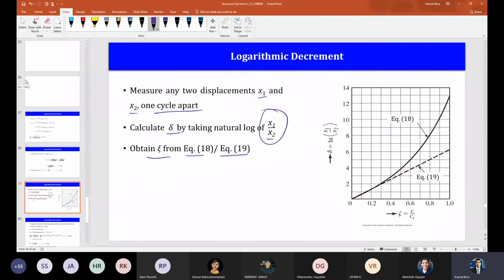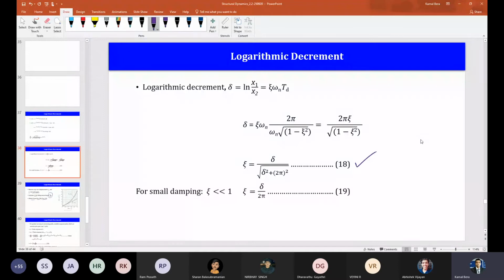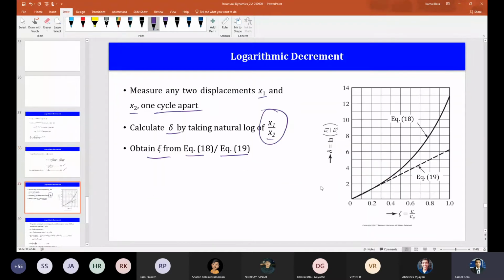So you see, now I am plotting. Equation 18 is the exact one, right? And 19 is the approximate one, correct? What is the range of the structural damping zeta? Zeta I told is less than 20%, right? In this range, is there any difference? Can you see the difference between using equations 18 and 19? Not much, right?